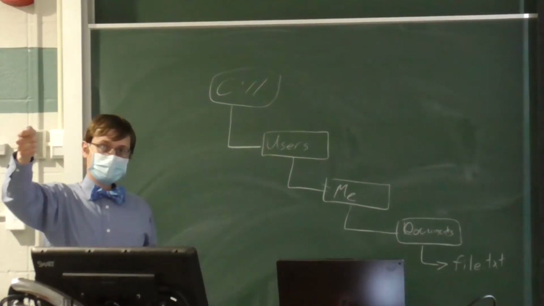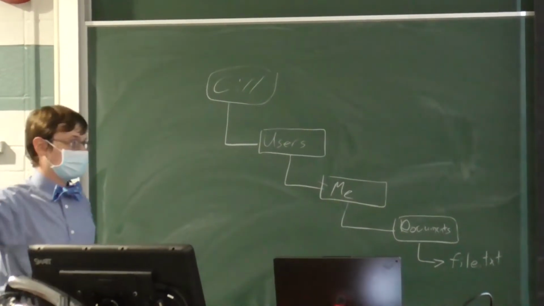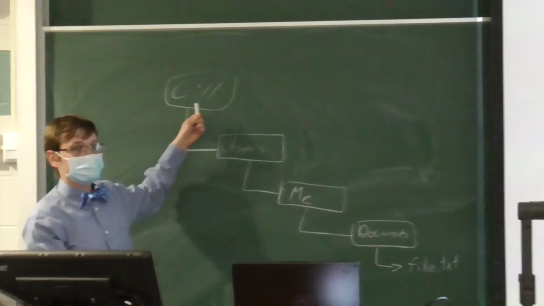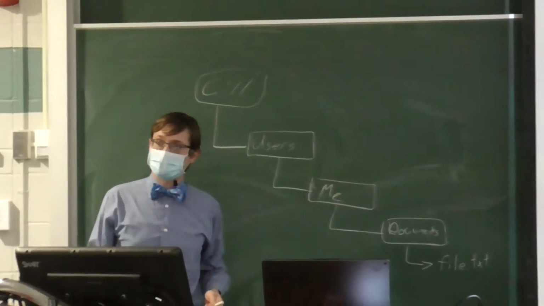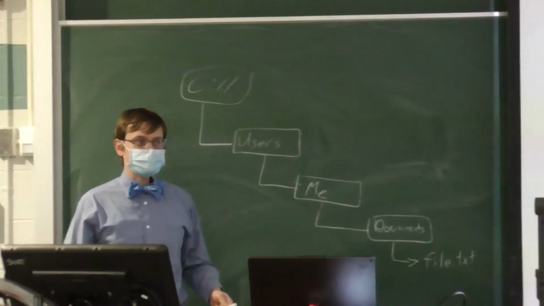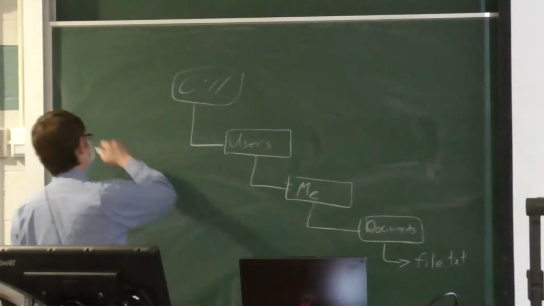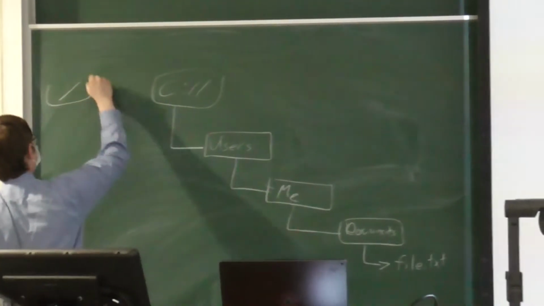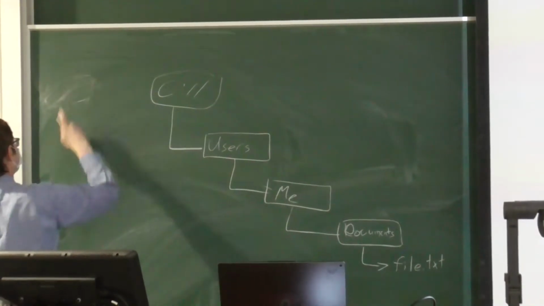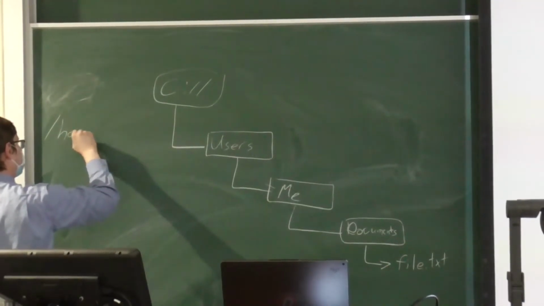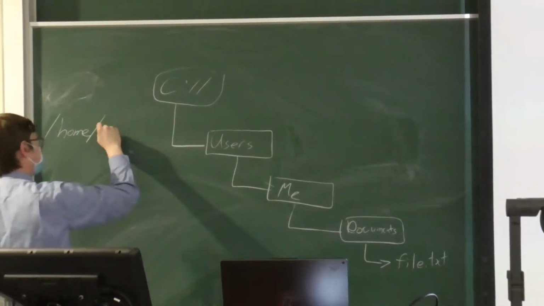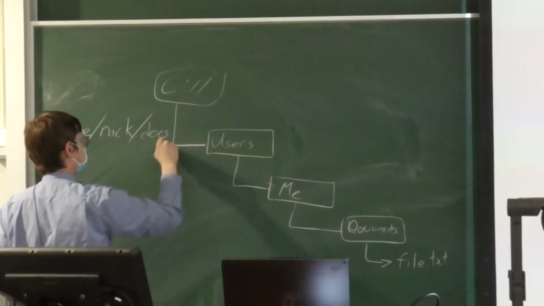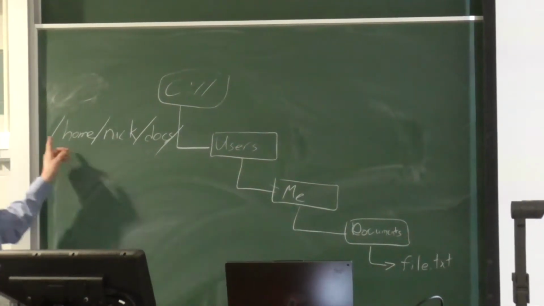Absolute addressing means when you address the file, you include the entire path to it, starting at wherever the root folder is. Incidentally, in Linux, this is called slash, right? In Linux, it would be /home/nic/docs/whatever, right?